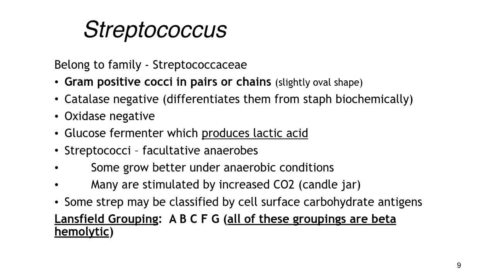So they might grow better under anaerobic conditions, or we use a candle jar where it increases our CO2. Again, it is literally a jar where the petri dish that was inoculated is placed inside of it. You put a candle inside the jar, you light the candle, you close the lid of that jar, and the candle goes out. What did the candle just do? Use up most of the oxygen. So now we have an increased CO2, and that strep may actually grow better in that environment.